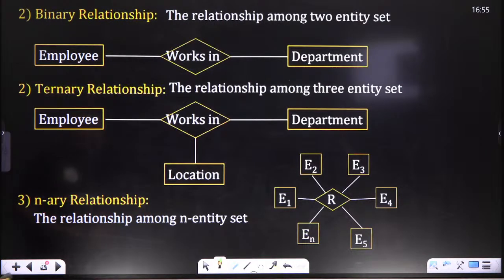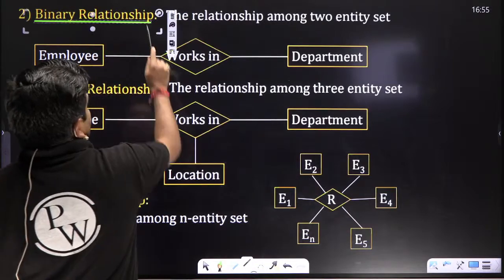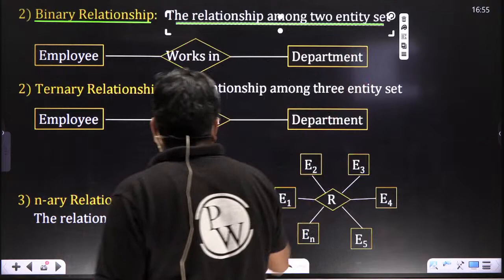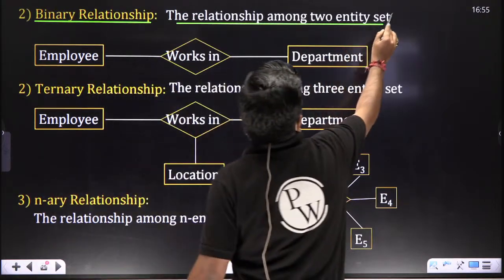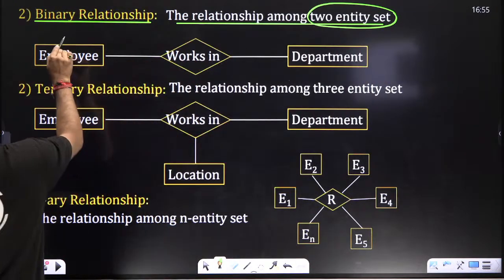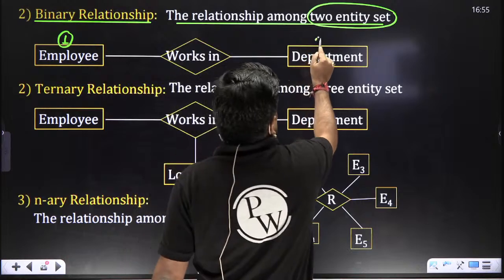Now the second one is binary, the relationship among two entities. How many entity sets? Two. Like here you can see one is the employee entity set, the second is the department entity set.